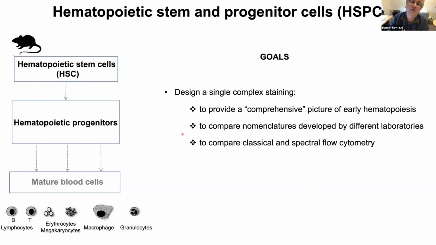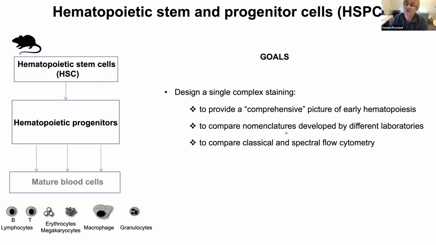So here, as we analyze these different populations, we decided to design a single complex staining, which includes a couple of these nomenclatures. The goal was to provide a comprehensive picture of early hematopoiesis, a ready-to-go staining that we can use all the time to assess the effect of our experiments on normal hematopoiesis.